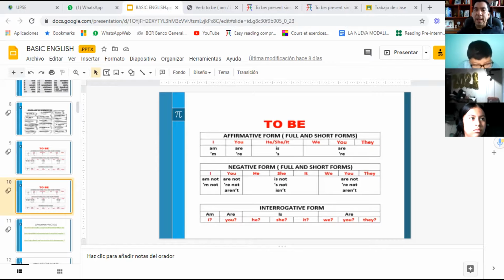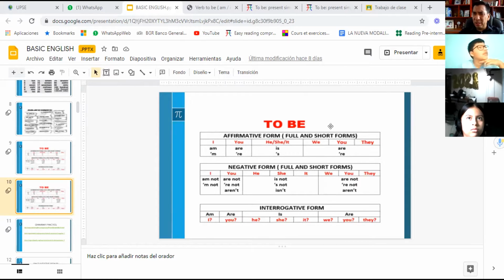All right, guys? So let me introduce the personal pronouns first. As you can see, I have here in this chart the personal pronouns and the correct conjugation of the verb be.